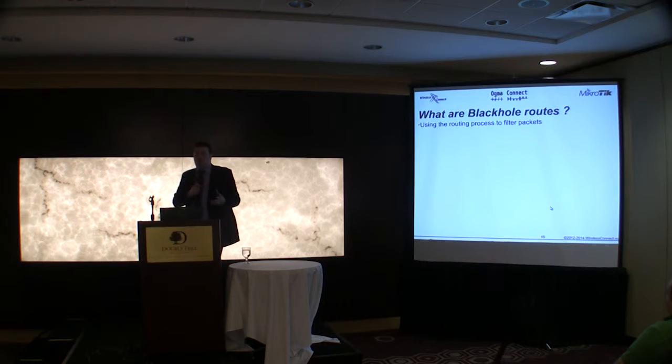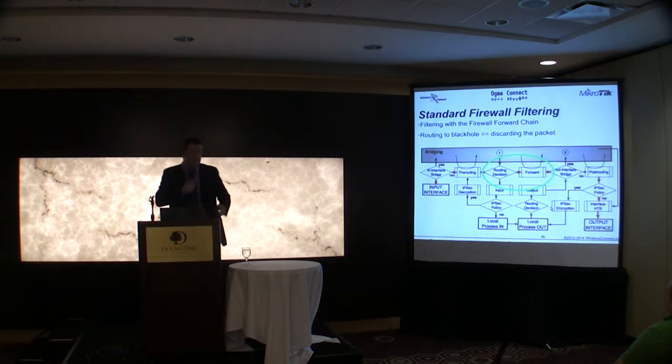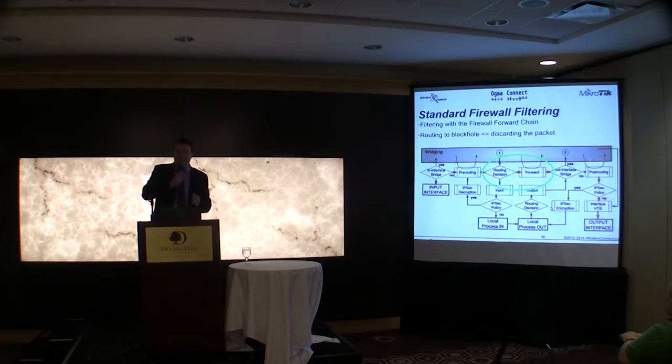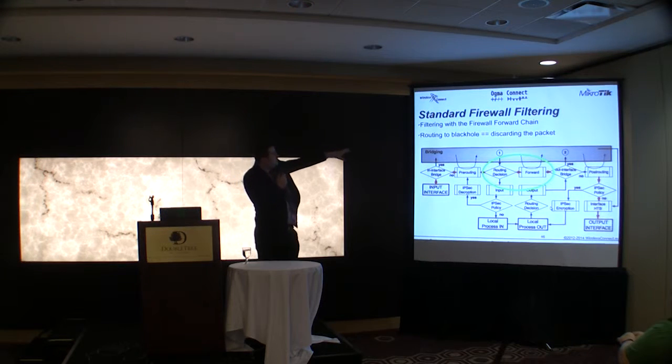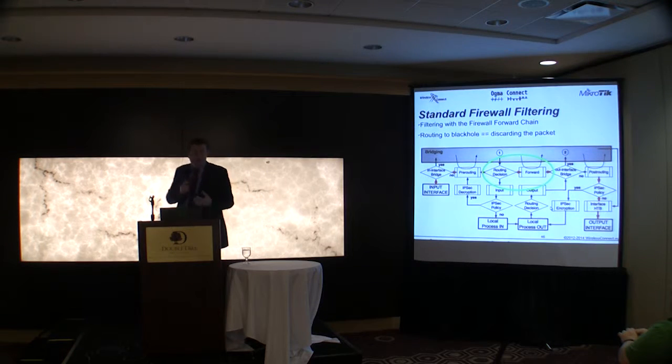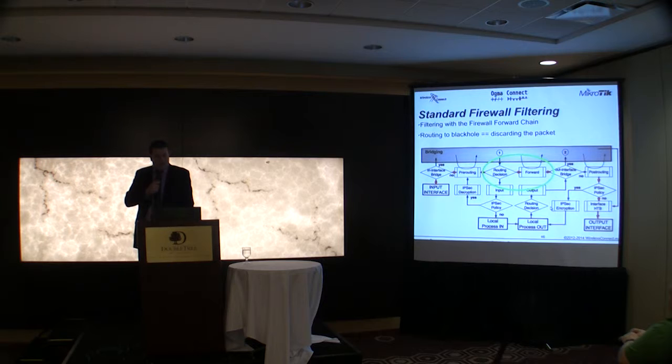So what are black hole routes? This is one of the slides I rehashed from two years ago, because Yanis did ask me how many slides I was going to reuse. I believe in recycling. Basically what we say here is, you're routing to a black hole and you want to discard the packet. So a black hole route is effectively a route that goes nowhere, okay?